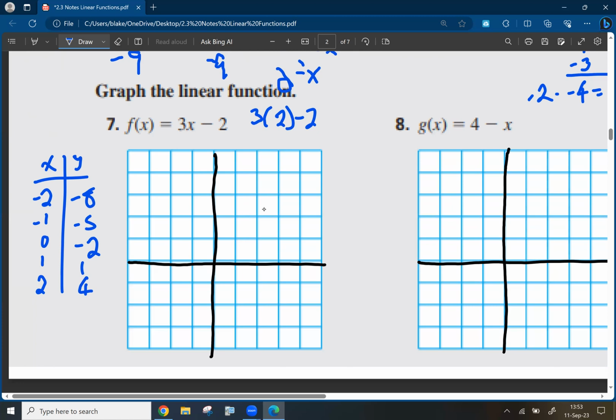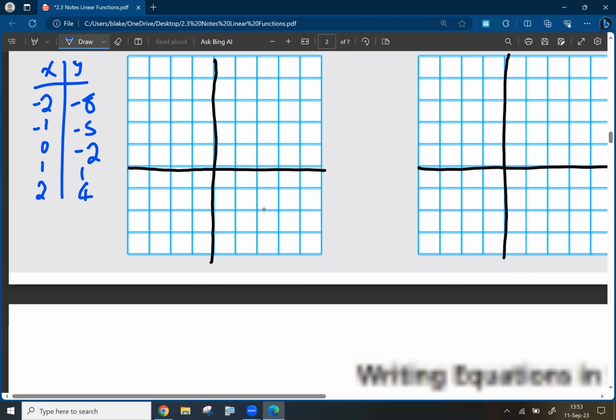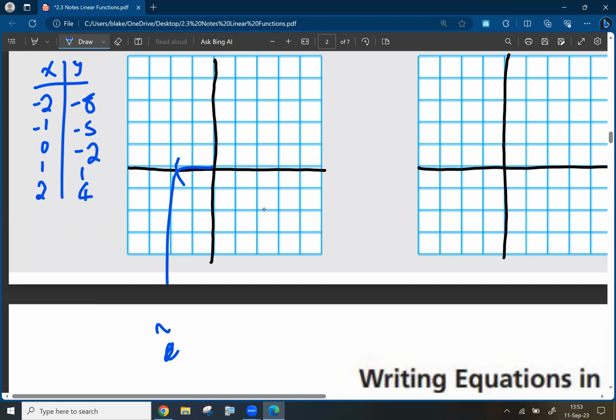So I don't have room for all these points, but I will graph the ones that I can. So -2, -8 would be way down here somewhere. I'd have to go -2 and then down 8, and I'm not going to have room for that. So I can't really fit that point, but I'll try to fit the ones that I can.